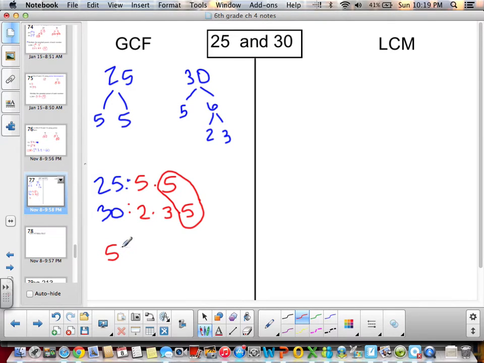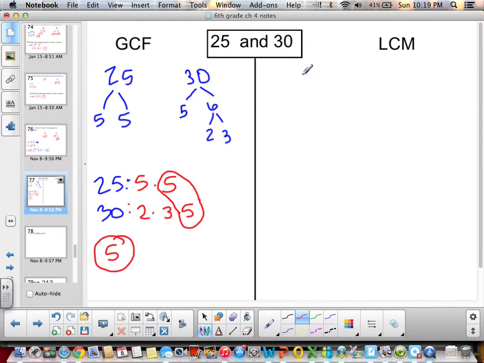So our greatest common factor of 25 and 30 is 5, because 5 is a factor. Remember, 5 can be multiplied by something else to get 25 and to get 30. Or 30 and 25 can both be divided by 5. Okay?